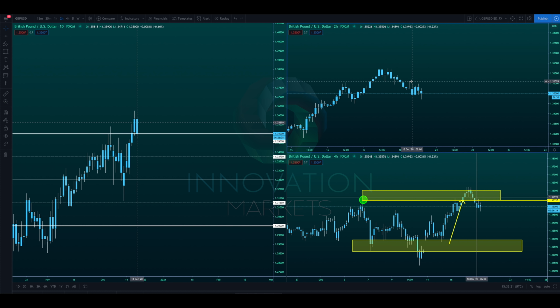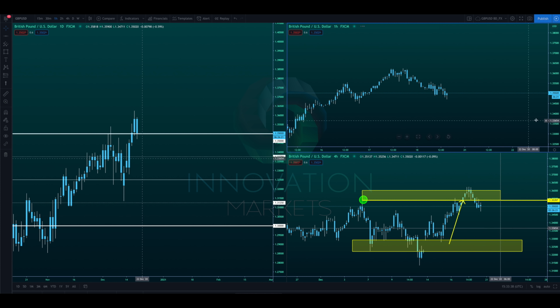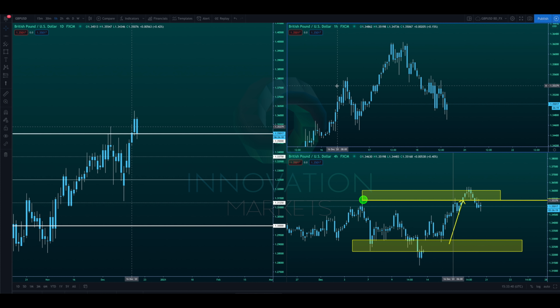And then when I want to drop down and look for entries and be really specific to get sniper entries, and get in at the best possible place and get out at the best possible place for maximum profit, I use this chart up here on the top right with 1 hour and lower time frames. So it really gets into what's happening in the last 15-30 minutes or 1 hour to try and get those entries. But we're going to get to that in future lessons.